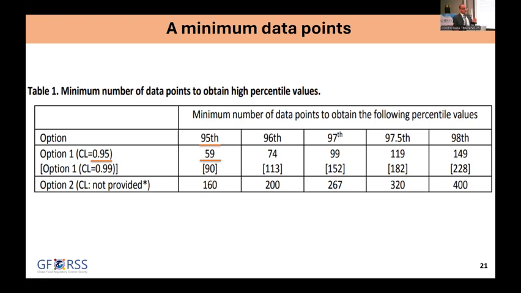So this is why when we are talking about 59 data points being needed, it is the minimum number that we need based on this condition: 95th percentile and 95% confidence level.